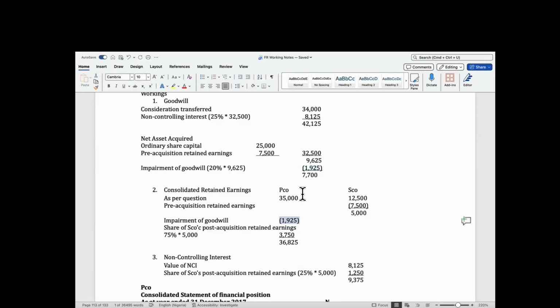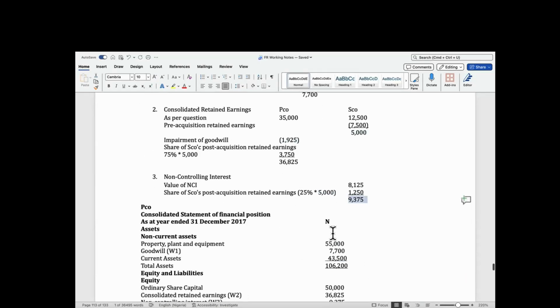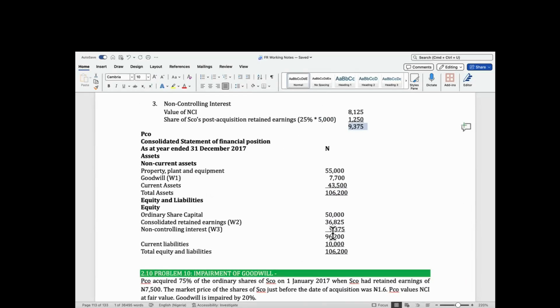So that's why it's coming here. And that's it. The NCI will also take a share of this 5,000. Then we get the value of NCI. Then we consolidate, just like we have been doing.